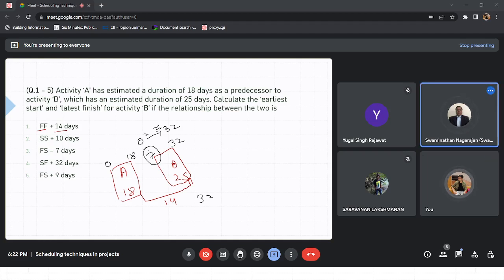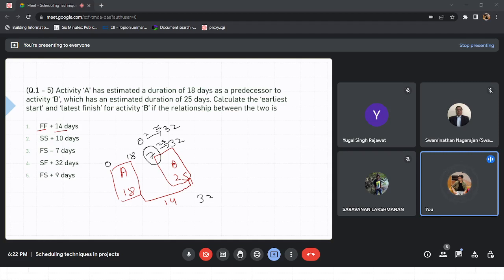Right. Early start can be 0. The only point here is that we took it as a continuous activity, right? Yeah, correct. So the point missing in this question was that we were not told whether it was continuous or interruptible activity execution.